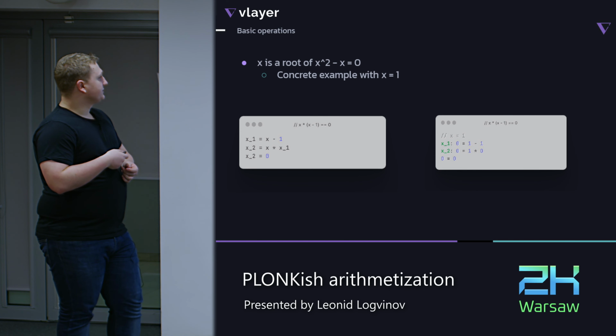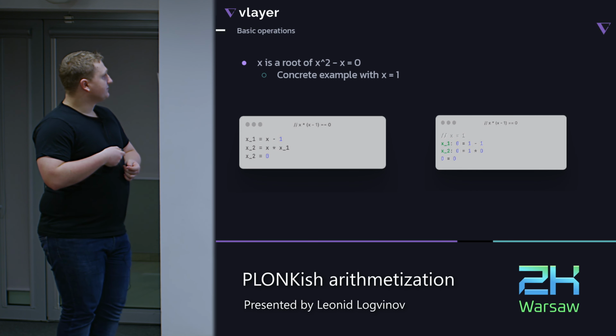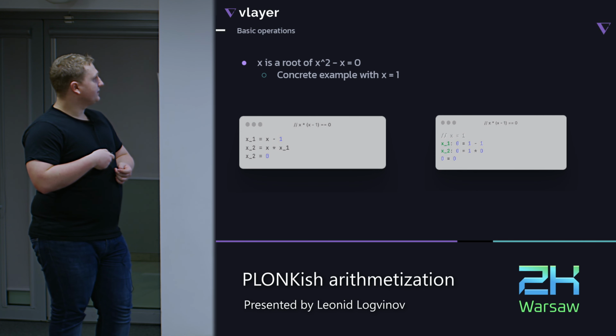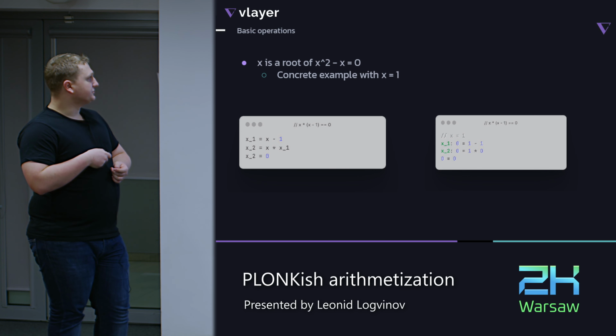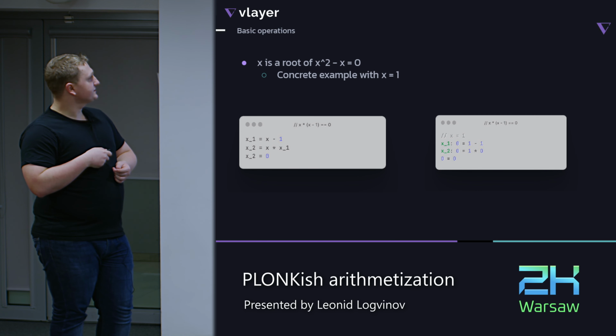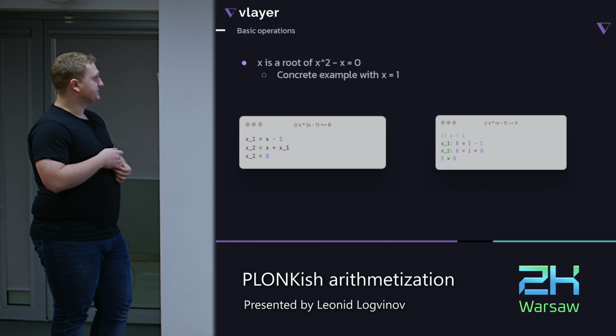And this is how it will look in arithmetization. So we first compute x minus 1 and assign it to x1. And then we multiply x1 by x. So we're essentially computing this, which is the same as this. And then we check at the end that the result is equal to 0. This is our check for equality to 0, which is always at the end.